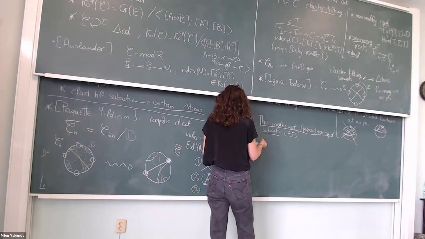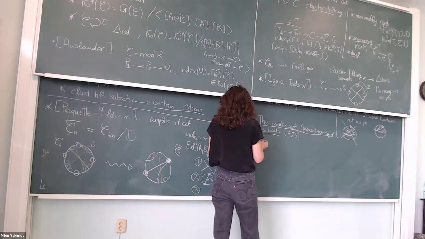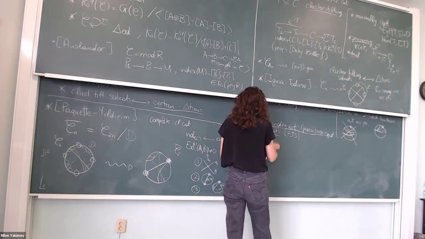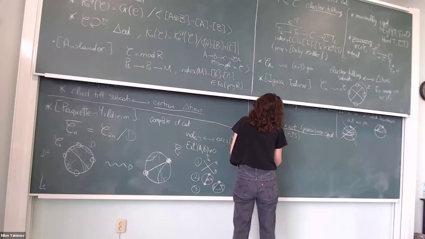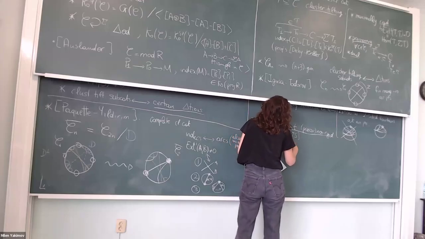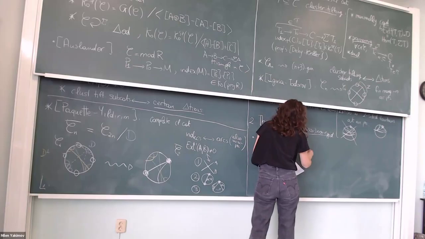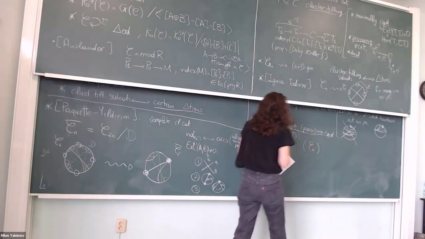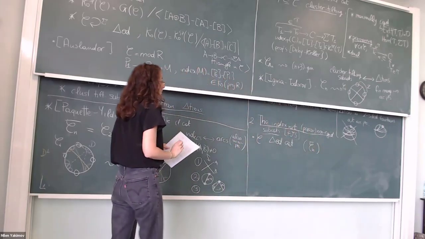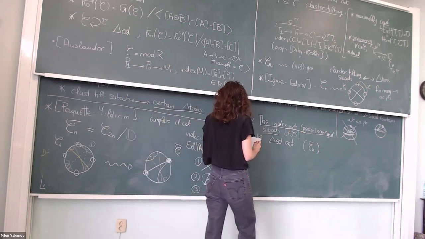So here we want C to be some carefully small, idempotent, complete triangulated category, so some nice enough triangulated category. One example you can have in mind is just this completed discrete cluster category, but it's not necessarily just that.